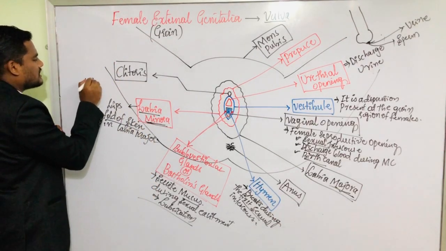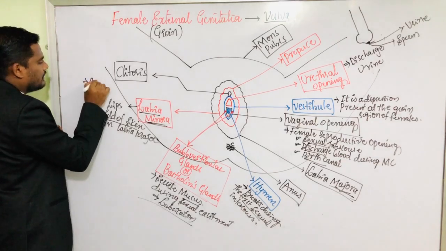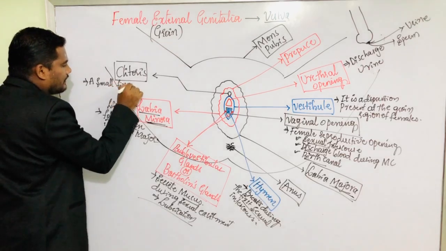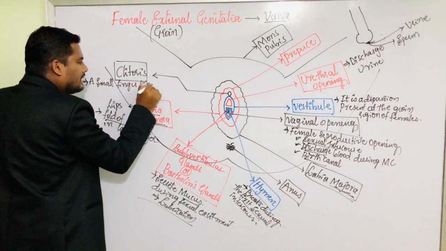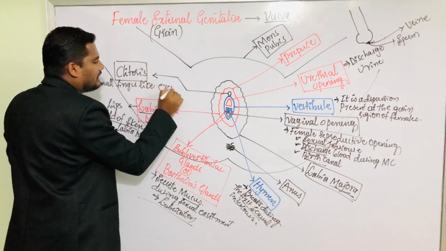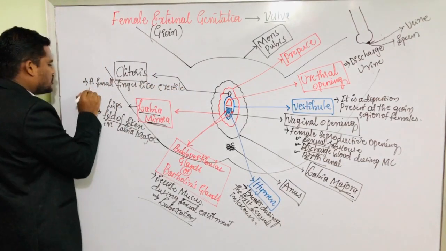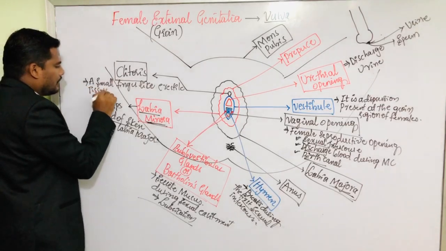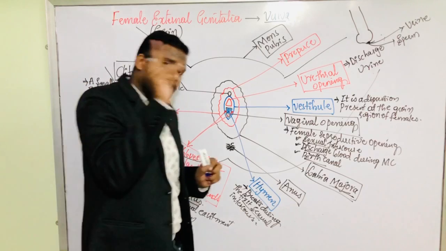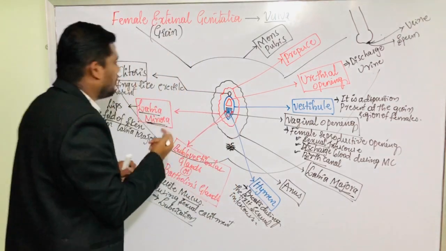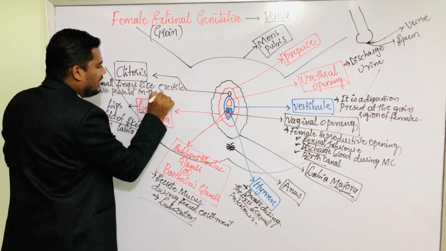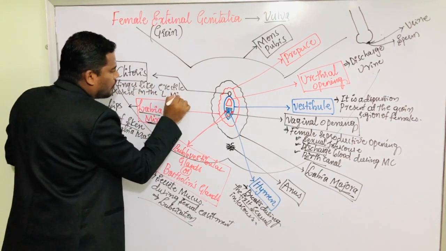Clitoris is a small finger-like erectile tissue present. Where is it present? Outside the labia minora or inside the labia minora? It is present in the labia minora.